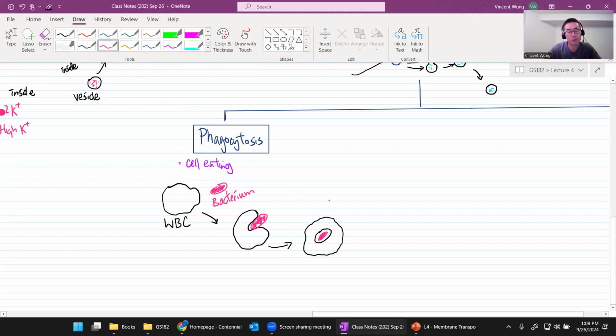If you have been reviewing your notes, do you remember what organelle will help digest this bacteria? Which organelle is going to come and help digest things that you bring into the cell? Anybody?